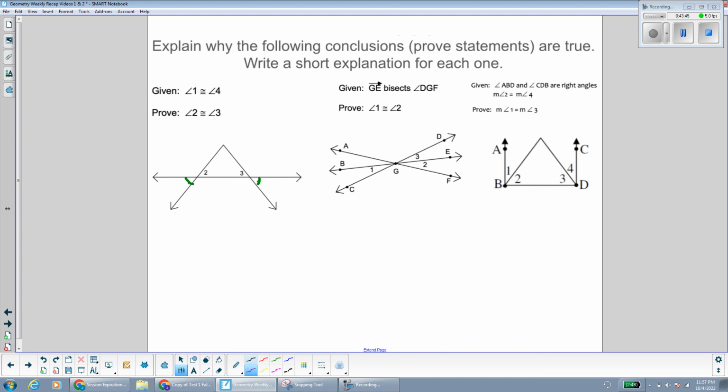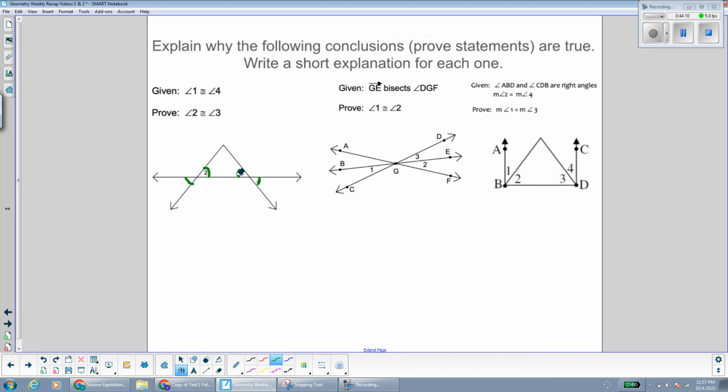Well, I see one of our new angle relationships here. I see vertical angles. Oops, I shouldn't mark it like that. Angle 1 and angle 2 are vertical angles. Angle 3 and angle 4 are vertical angles.